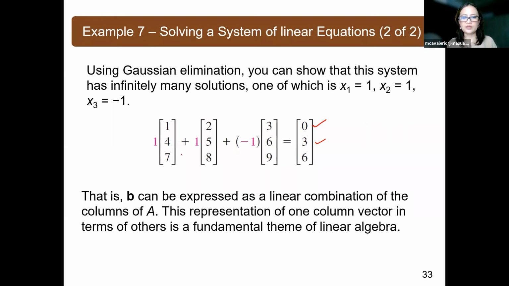We have 1 times 7 plus 1 times 8, that would be 15. 15 minus 9 is 6. So, as we can see here, B can be expressed as a linear combination of the columns of A. This representation of one column vector in terms of the others is a very important and fundamental concept of linear algebra.